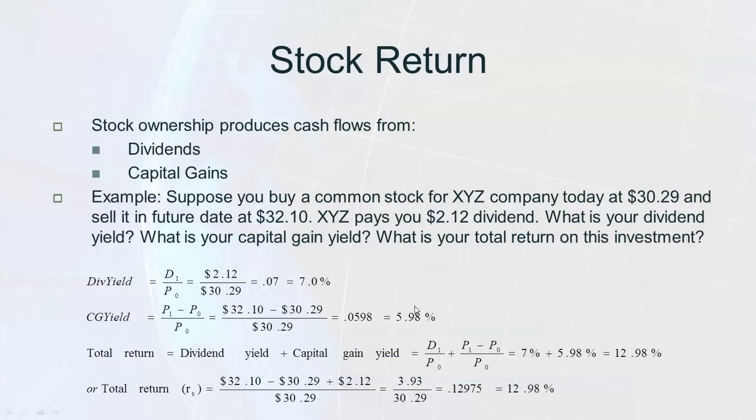Now let's talk about stock return. Stock ownership produces cash flows in terms of dividends and capital gains. For example, if you buy a common stock that is dividend paying, you're going to receive dividends, and then at the end of the investment, you can sell the stock for more or less.